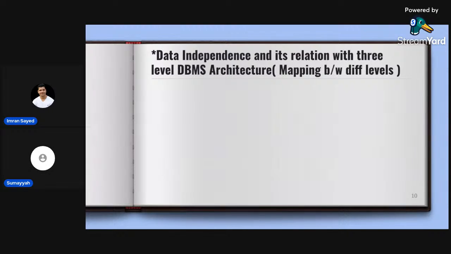And you can build another point using the word that starts with S: schema. A change in the schema at the physical level should not affect the conceptual level. There was one more point for the physical level. It talks about separation.